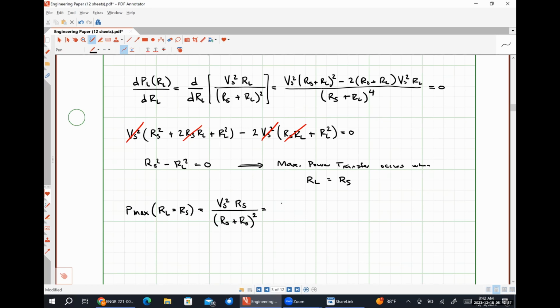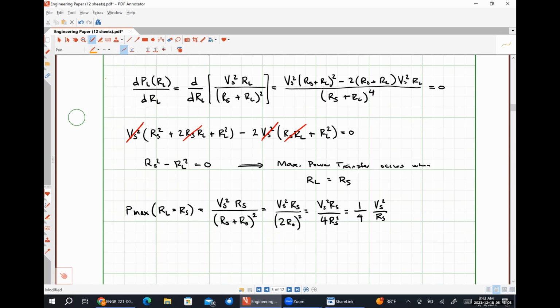This is the same thing as VS squared RS over (2RS) quantity squared, or VS squared RS over 4RS squared, or finally, 1/4 VS squared over RS.